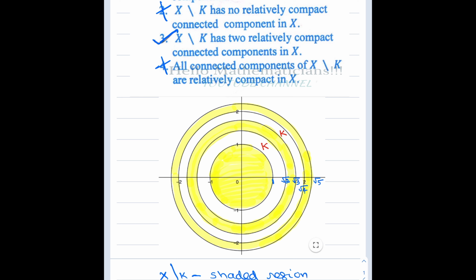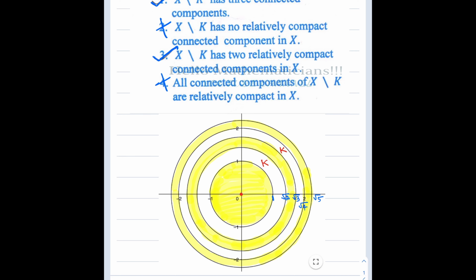Since the boundary points are not included in X minus K, you take all the points inside only, so you can draw such a small neighborhood. Here also you can draw a neighborhood. So each of these is an open connected subset of X minus K. This is an open unit disk, this yellow color shaded region.